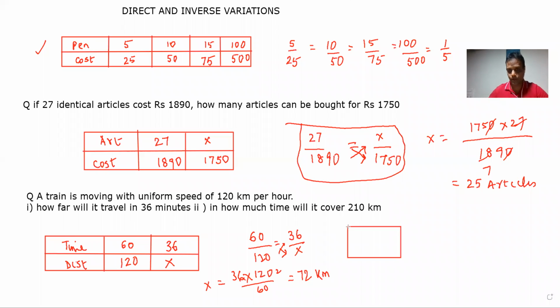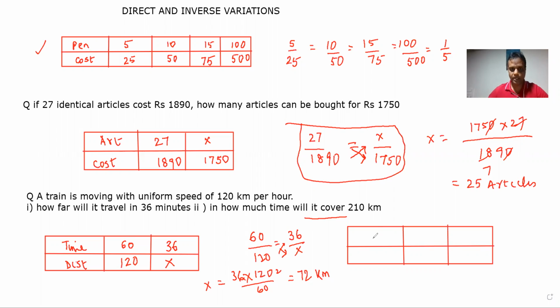Let's do the second part. Again, most important is I am going to make the grid, and it will not take much time because this will make the question look very, very simple. So what are the two variables? It says that in how much time will it cover 210 kilometers?